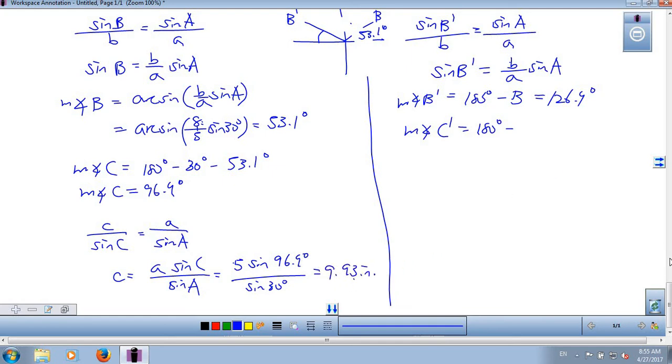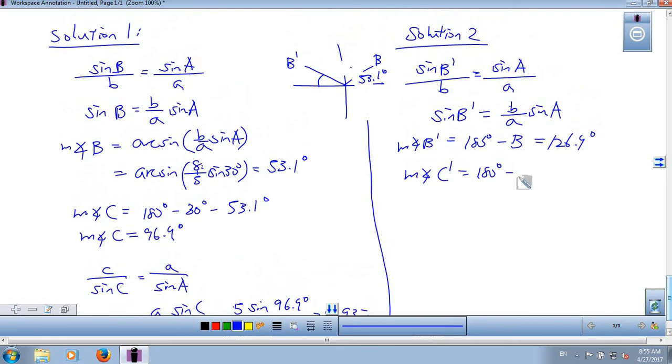Okay. Alright, so let's go back to here. So we subtract 126.9 degrees minus 30. Now the reason I found out that was wrong, because we would get a negative angle for angle C prime. So 180 minus 126.9 minus 30, so C prime is 23.1 degrees.